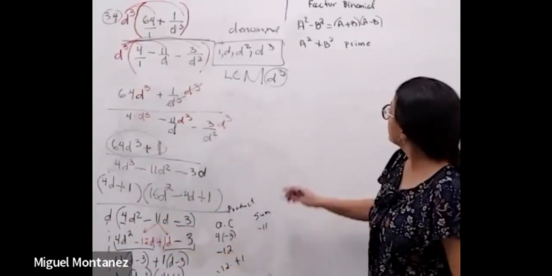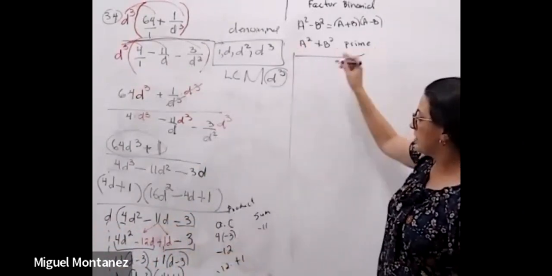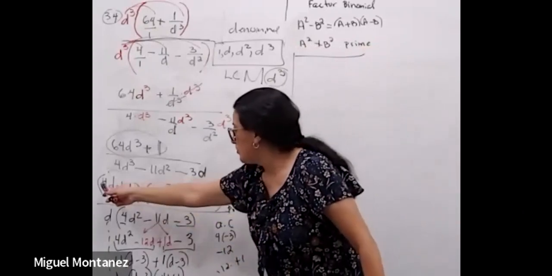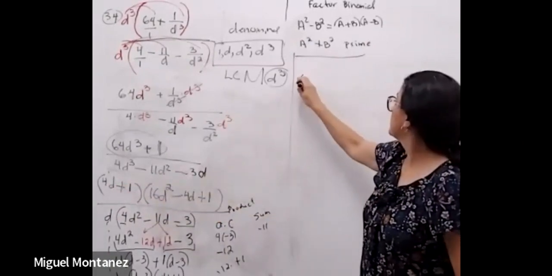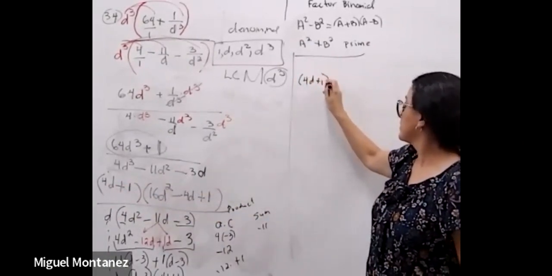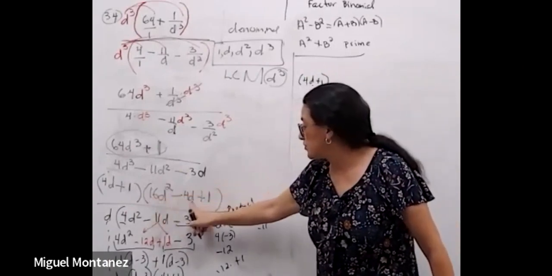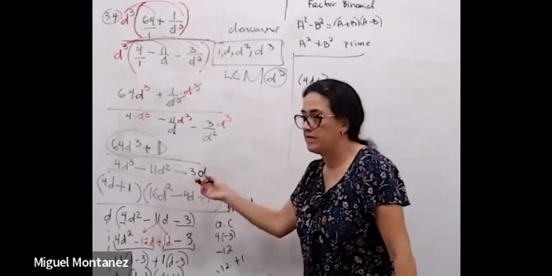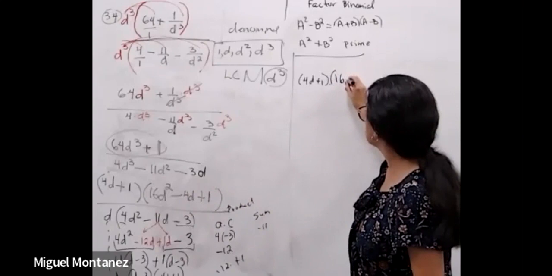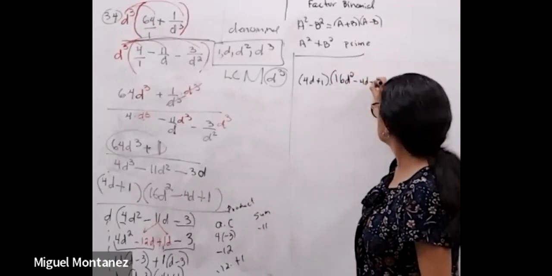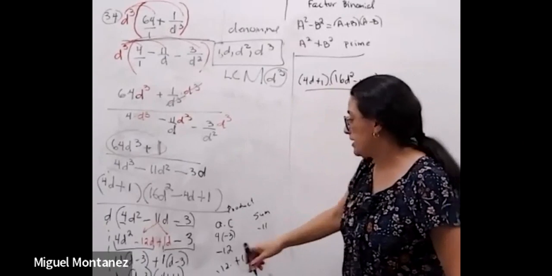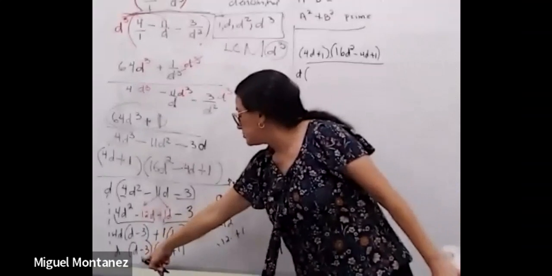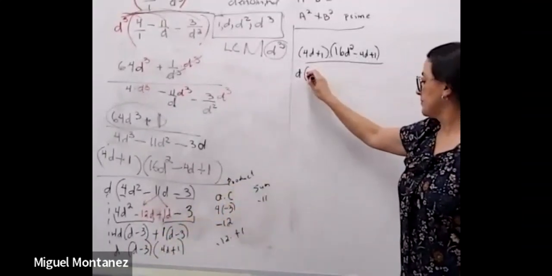Let me rewrite this. Numerator 4d plus 1, 16d squared minus 4d plus 1. This is not factorable because we need two numbers that multiply to give us 16 and add to negative 4, no. So I'm just going to copy 16d squared minus 4d plus 1. In the denominator, we have the d, and we also have the d minus 3, the 4d plus 1.